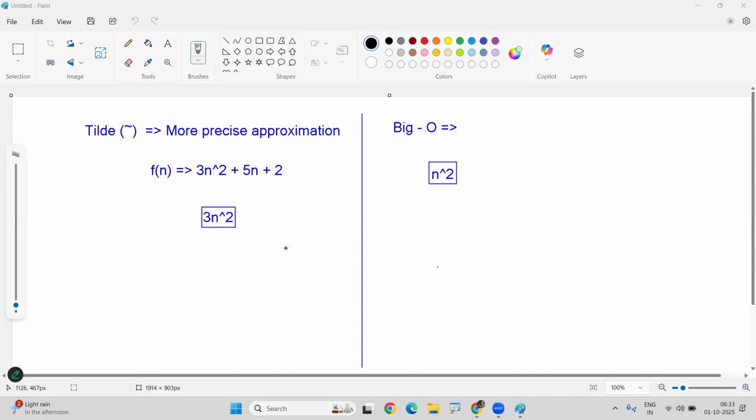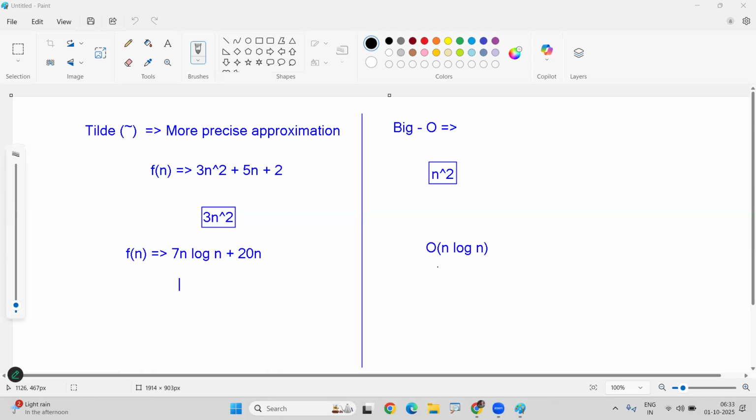Got it? For example, let's say f of n is equal to 7n log n plus 20n. In big O notation, we simply write n log n. That 7 we never consider.